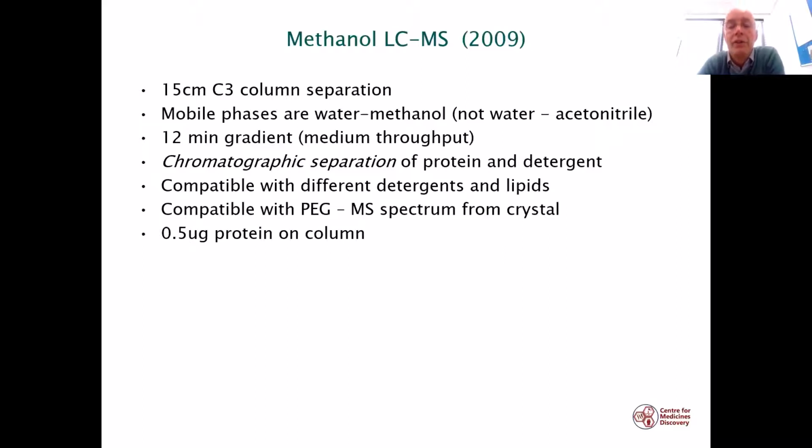So we start with a protein detergent mixture, we separate those chromatographically so that the protein will be infused into the mass spectrometer at a different time from the detergent in our LC run.